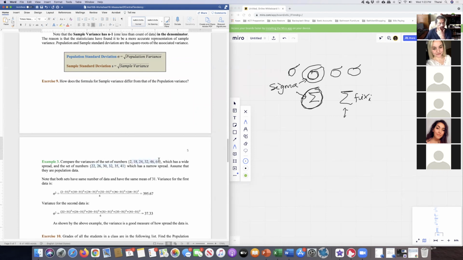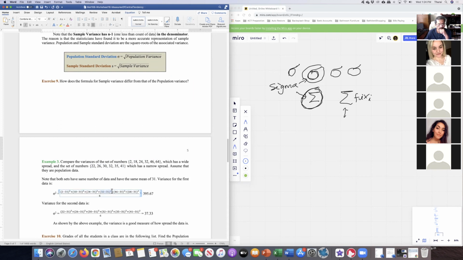I already know the mean is 31. So here is my calculation of the population variance of the first data. These are population data. 2 minus 31 squared. 2 is the first data. 2 minus 31, 31 is the population mean. So 2 minus 31 squared plus 18 minus 31 squared, 24 minus 31 squared.